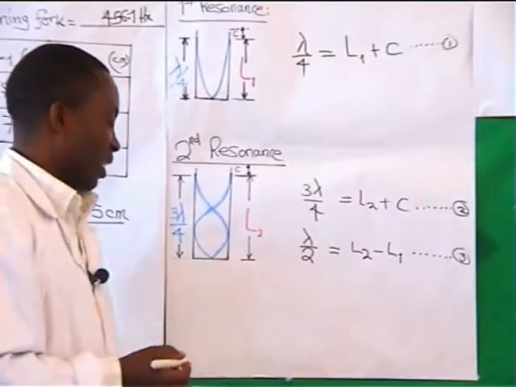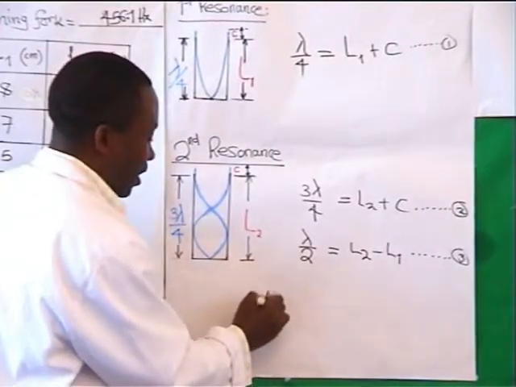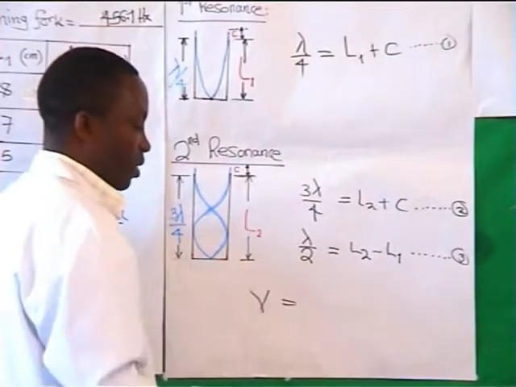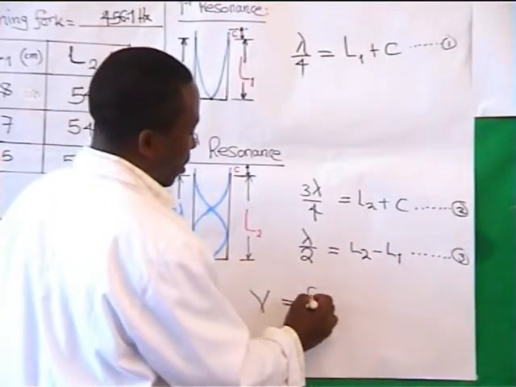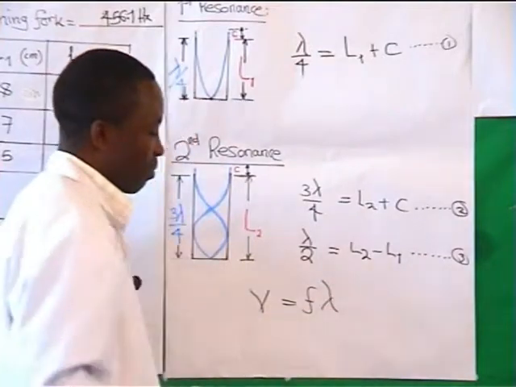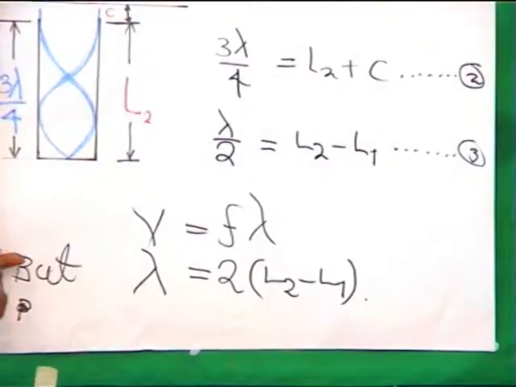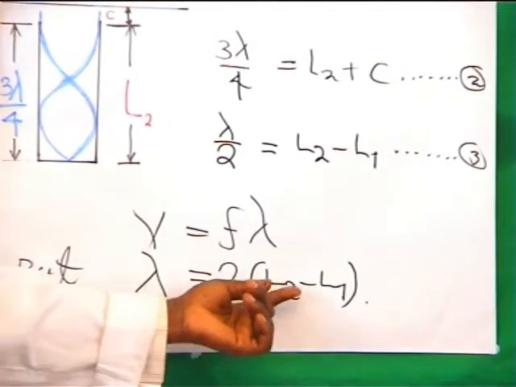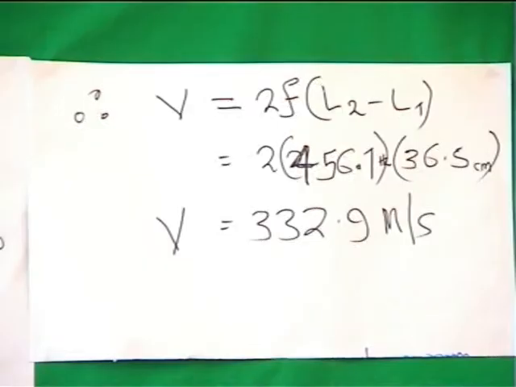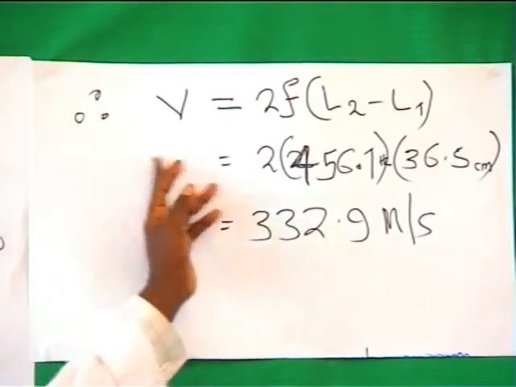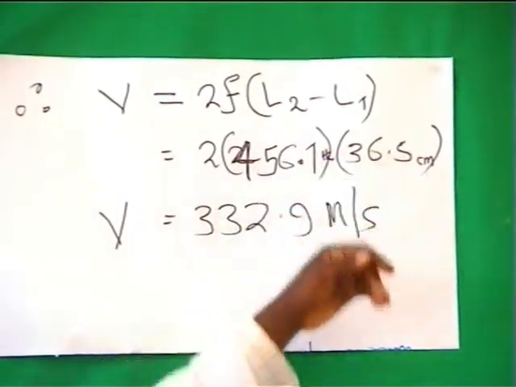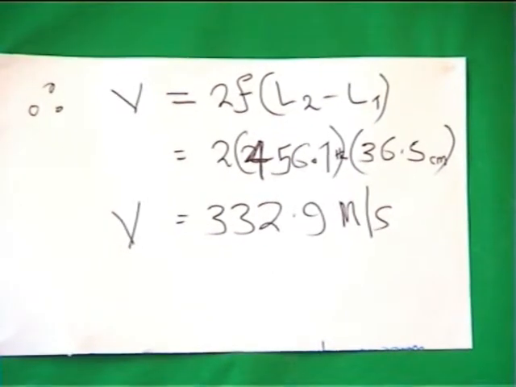Now, from the relation that the velocity of sound in air is given by V equals frequency times wavelength, but lambda equals 2 times the bracket L2 minus L1, velocity V is given by the formula V = 2f(L2 - L1).